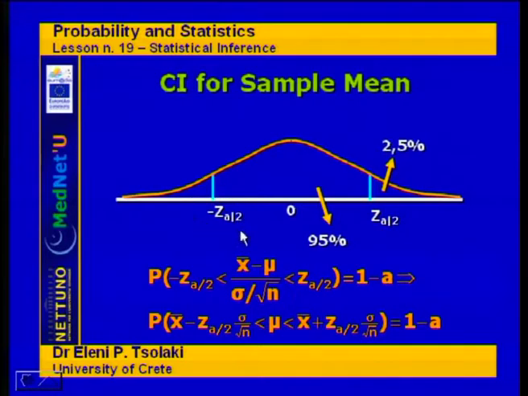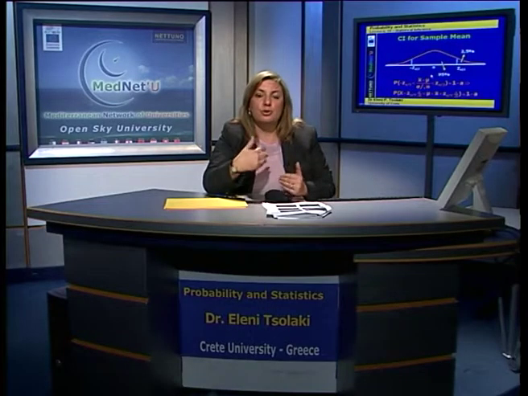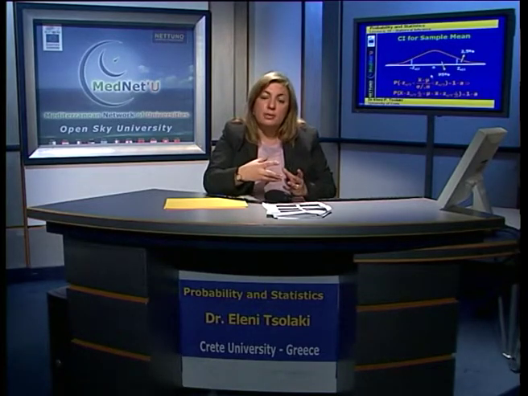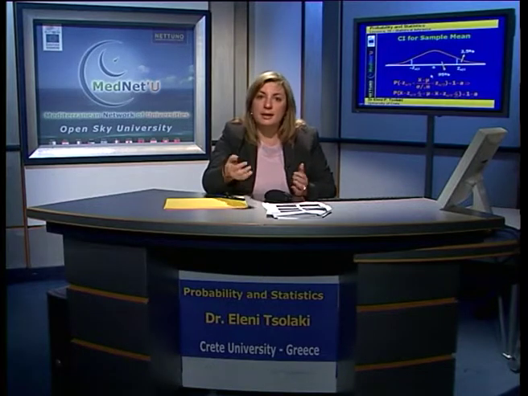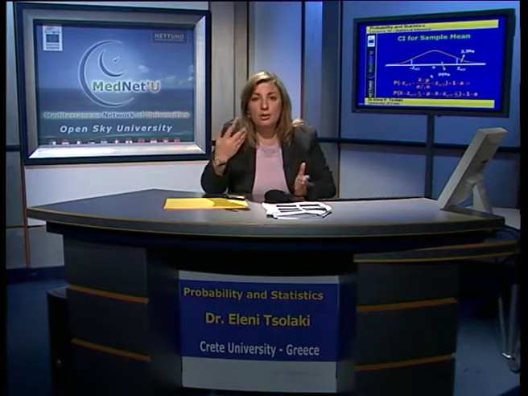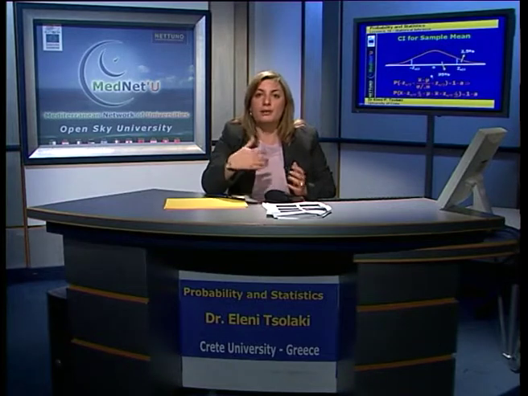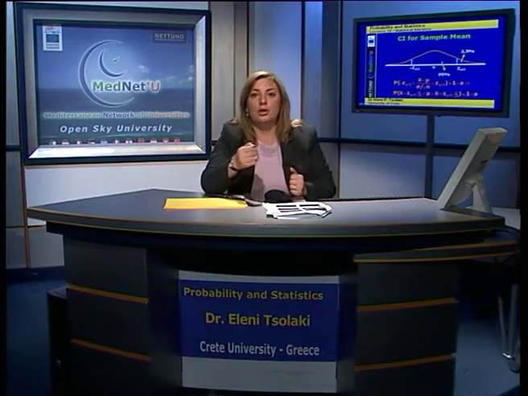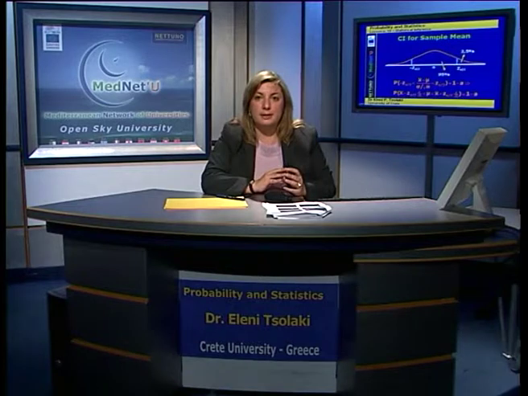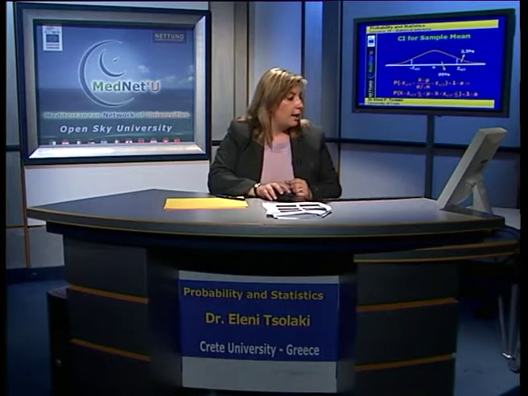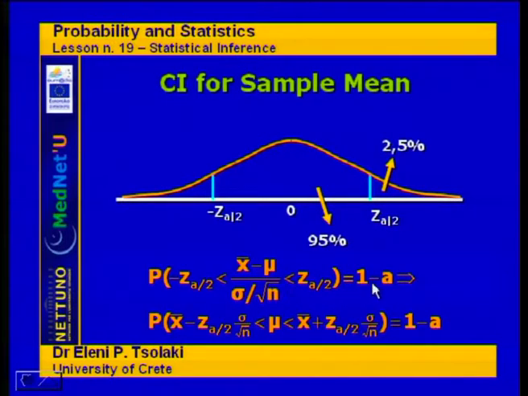We want to use this instead of any normal distribution because we can find these points ready in statistical tables. We do not need to evaluate the probability density function of the normal distribution. That probability will be equal to 1 minus a.